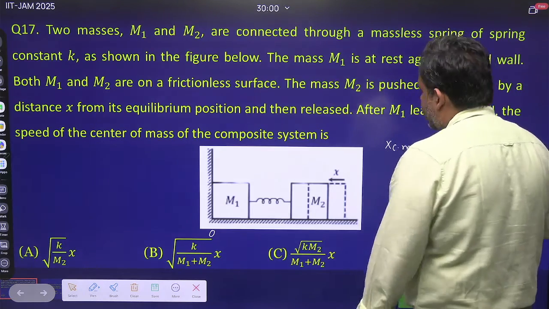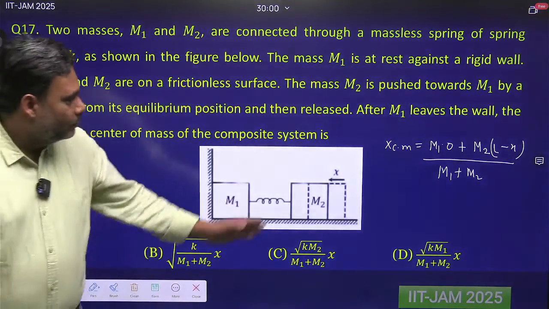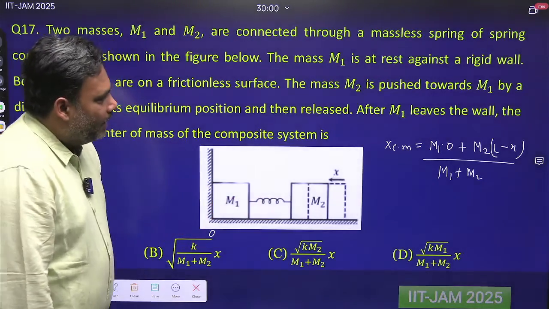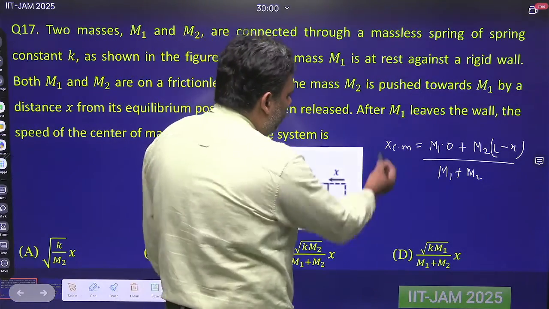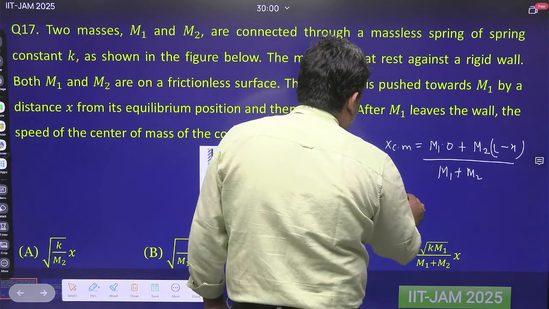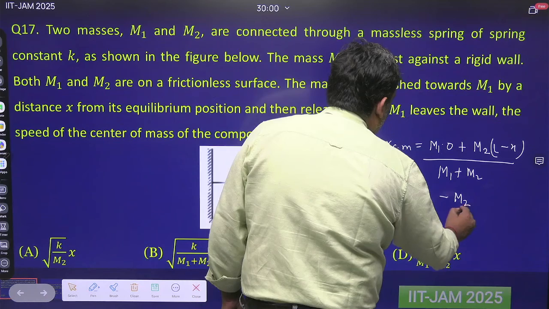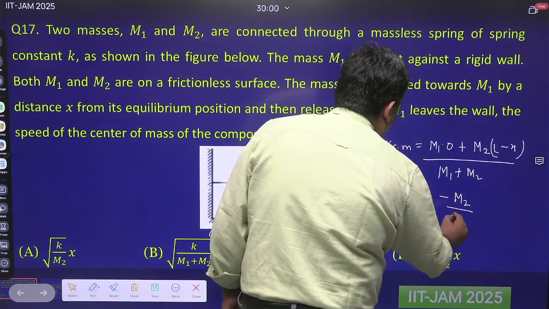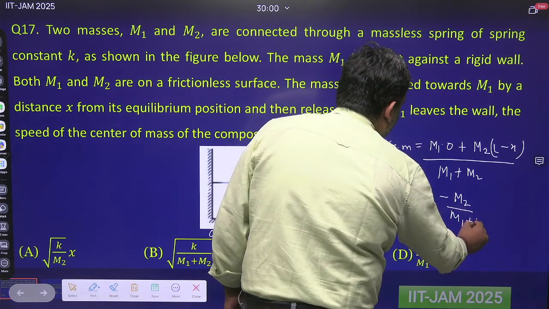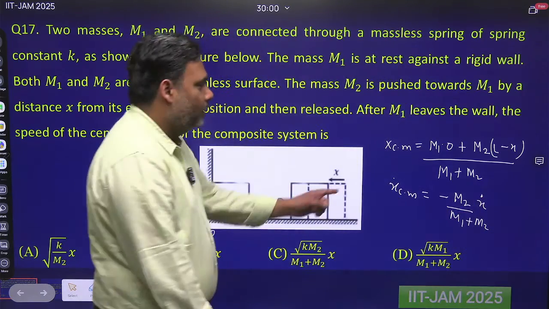This is the center of mass when we push mass m2 towards m1. If we want the speed of the center of mass, then xcm dot is equal to minus m2 upon m1 plus m2 times x dot. So this will be your speed of center of mass.